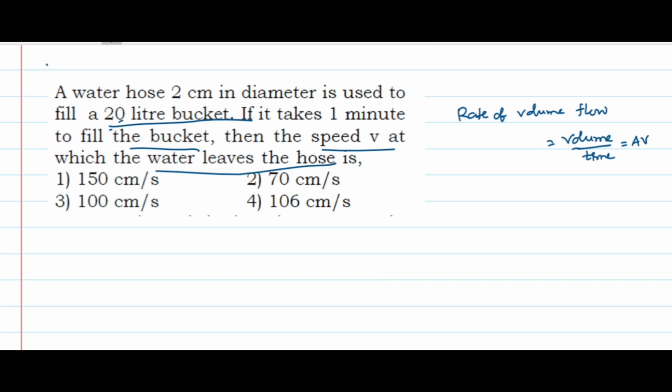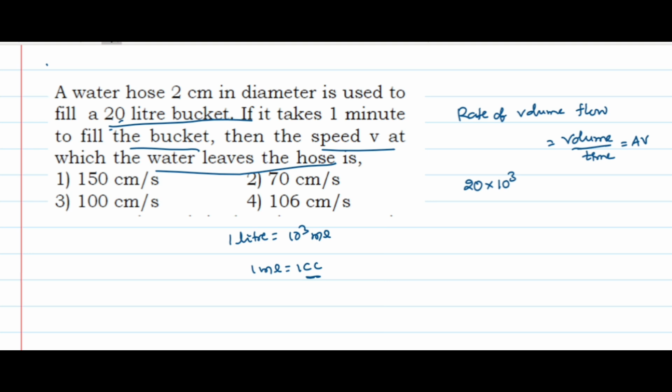1 liter is equal to 1000 ml. I am writing in the CGS system. 1 milliliter is equal to 1 cubic centimeter, you will remember. I am taking all the values in the CGS system: 20 into 10 cube, in cc.